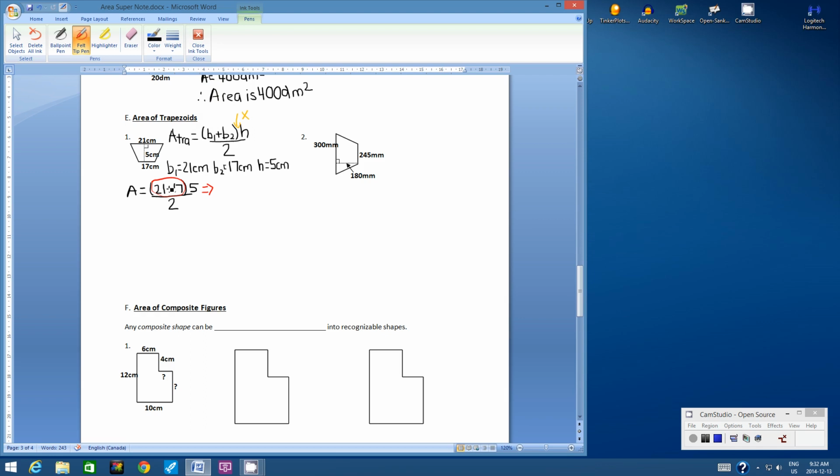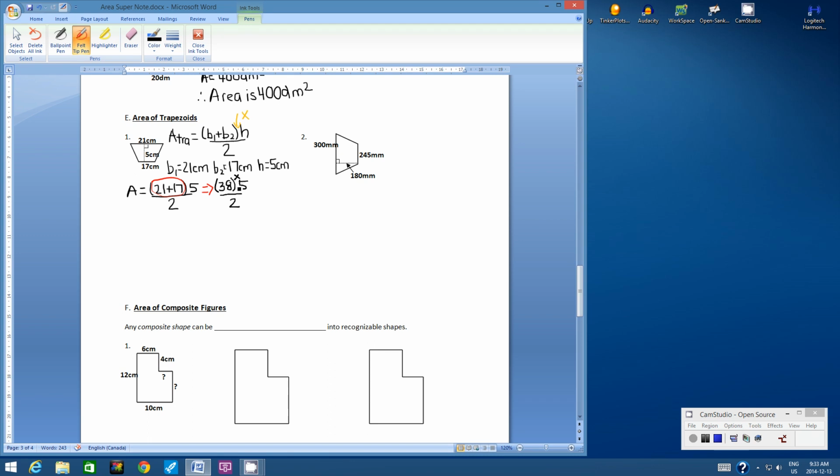So in the brackets, 21 plus 17. What is 21 plus 17? Well, using your calculators, hopefully you got 38. And then we have 5 all over 2. Now remember, whenever we have a bracket and then a number or a letter, this means multiplication.